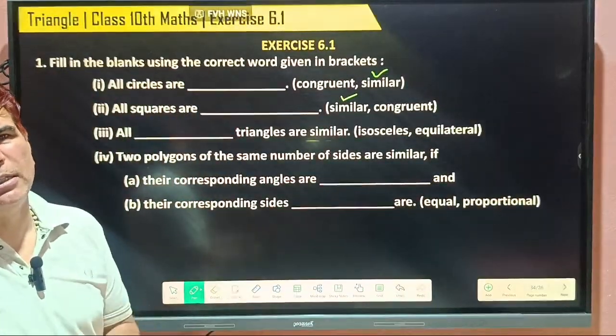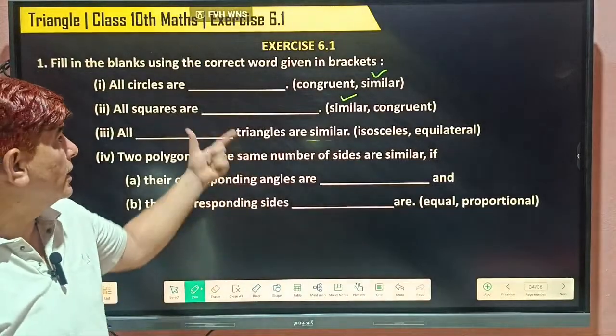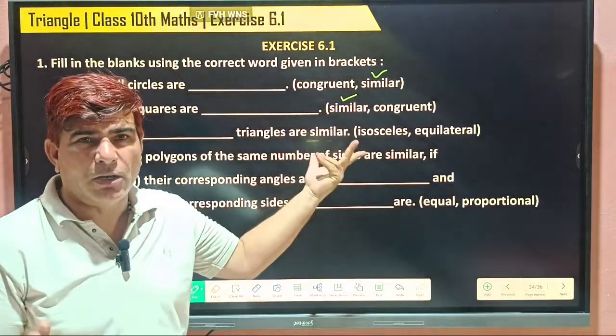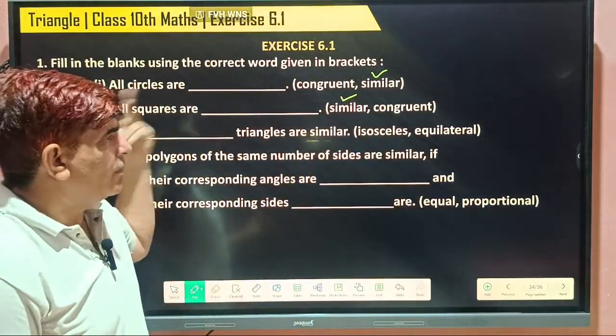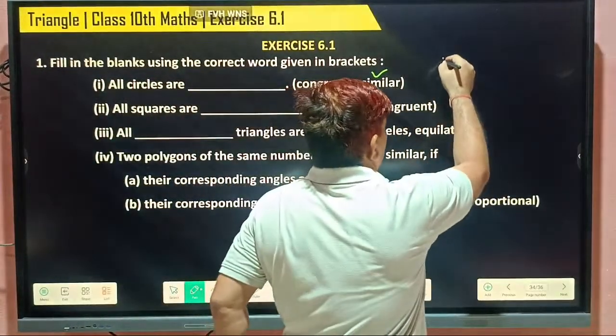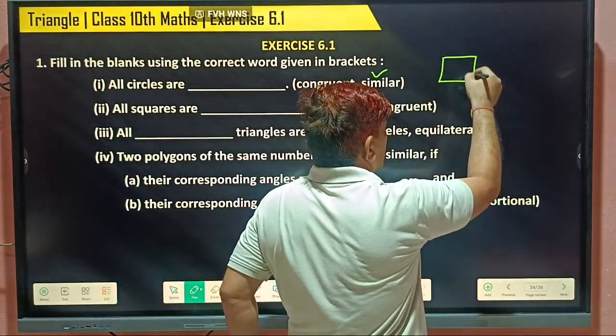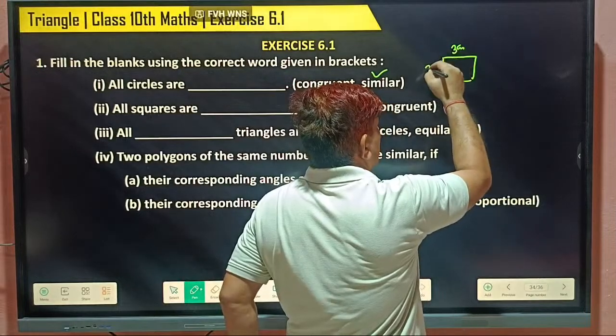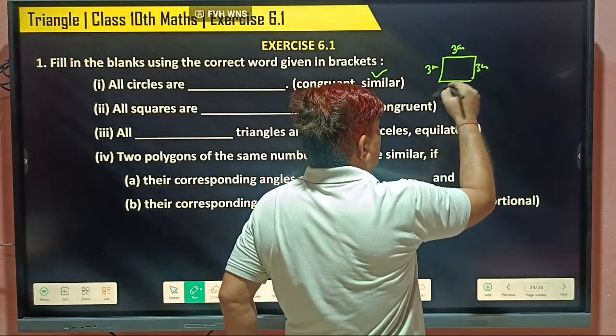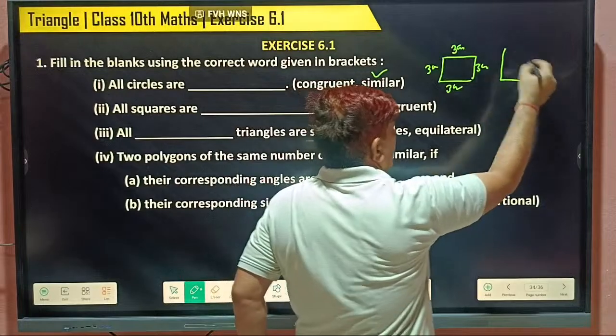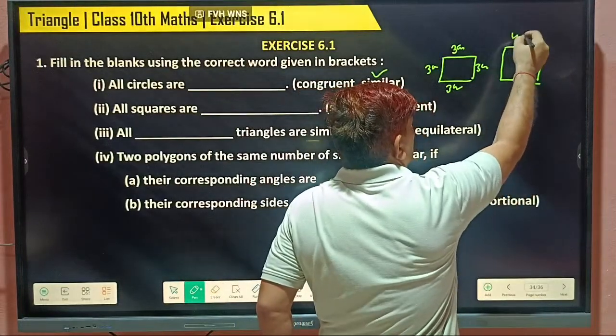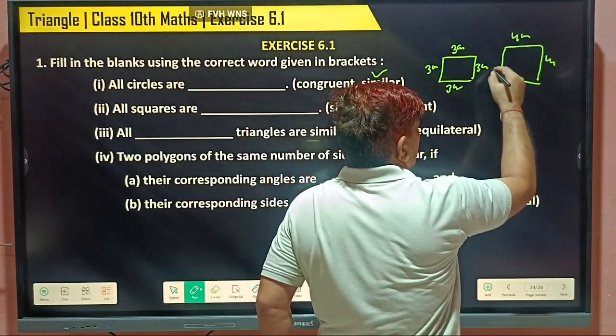Congruent means same as it is, but these satisfy the conditions of similarity. What condition? We have taken one square with sides 3 centimeters, 3 centimeters, 3 centimeters, 3 centimeters, and another square with sides 4 centimeters each.